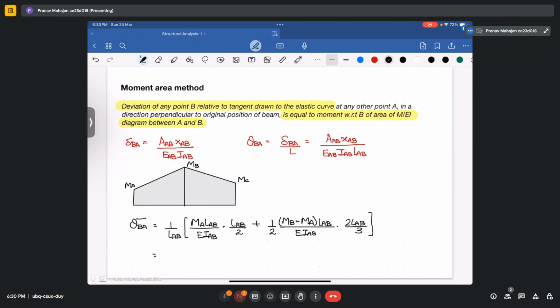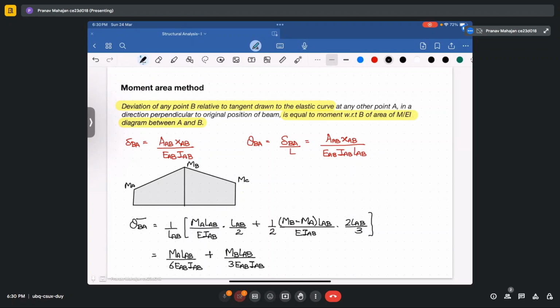If we rearrange this, what we will get? We will get MA LAB divided by 6 EI, plus MB LAB upon 3 EI.